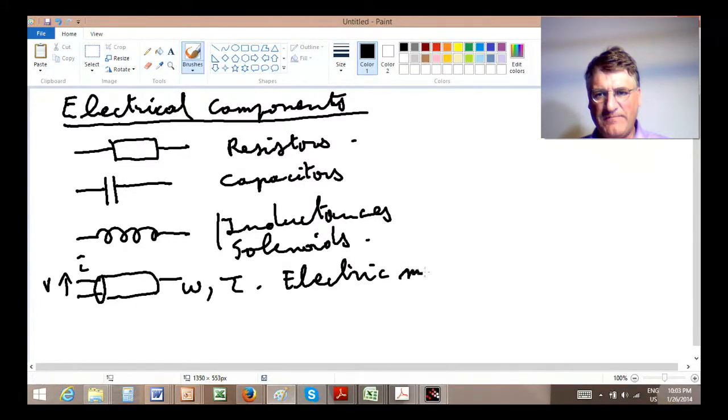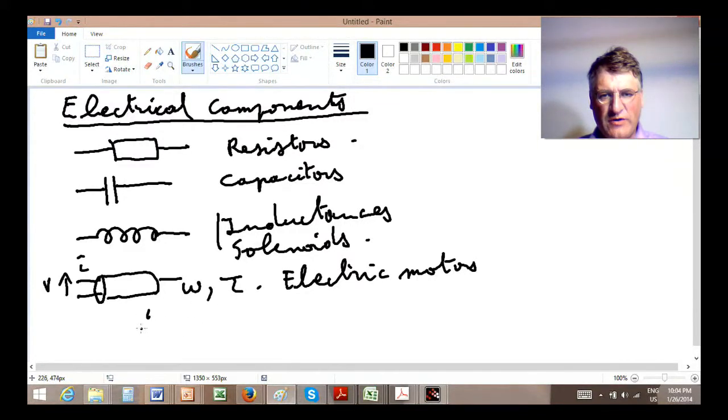Electric motors are essential components for understanding the link that exists between electrical systems on the one hand and mechanical systems on the other hand.